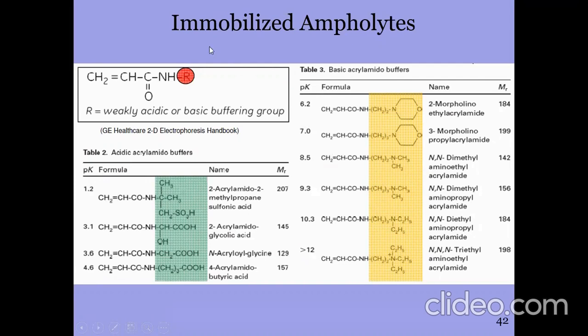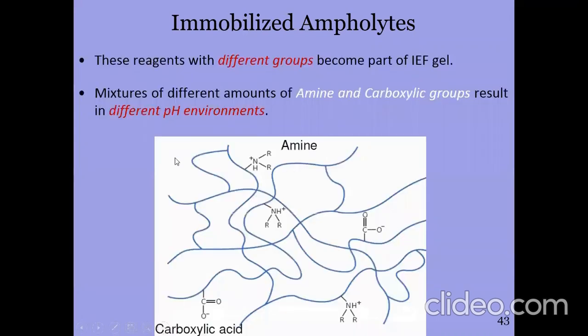There are certain examples of these immobilized ampholytes, and they are actually immobilized. These groups are covalently linked with the acrylamide gel, through the acrylamido buffers. These reagents with different groups become part of the isoelectric focusing gel.